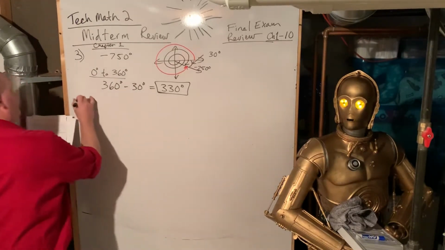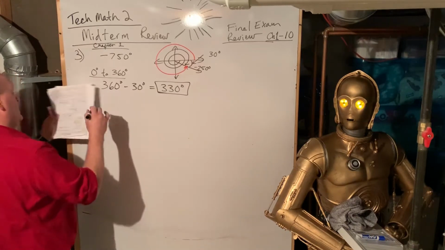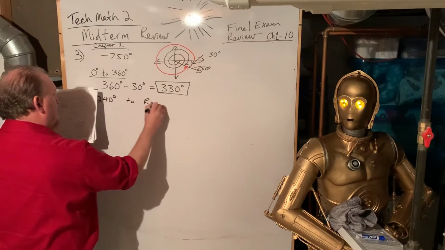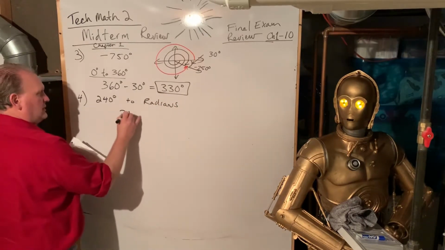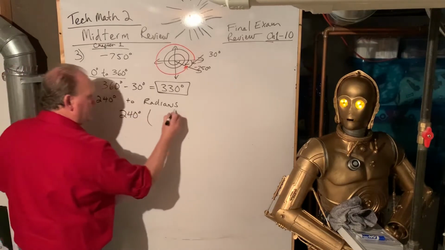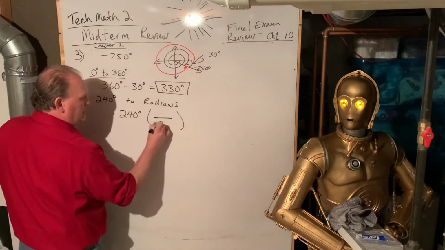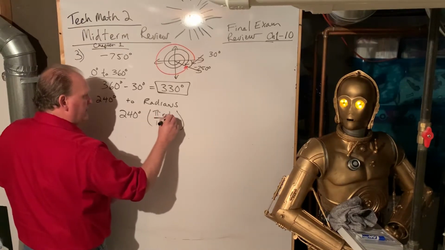Let's look at number 4 on the same page, chapter 1, number 4. It says change 240 degrees to radians. And so we would do 240 degrees. And remember, all we have to do is multiply by a fancy one. 180 degrees is pi radians, so this is equivalent to 1.